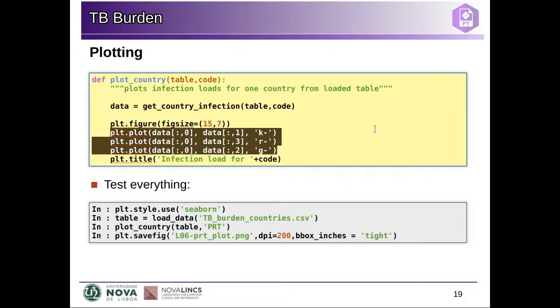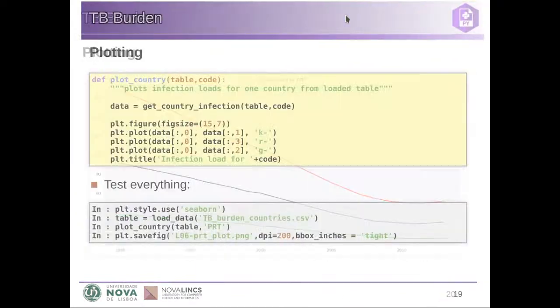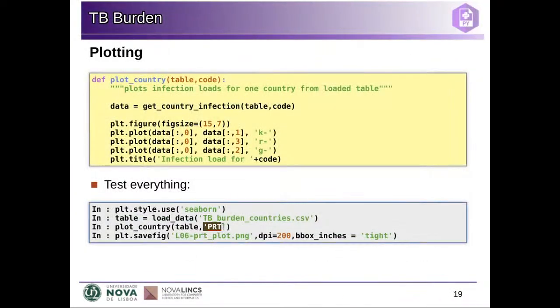But now we have a set of functions that allows us to plot any country. So in this case, let's set the style, for example, to Seaborn, load the data and plot Portugal, and then save the image. So we can do this for Portugal, but we can do this for any country, and the only thing we need to change is this ISO 3 code, we extract the data for the country that we want and we plot it.